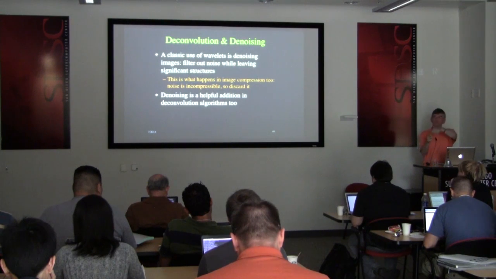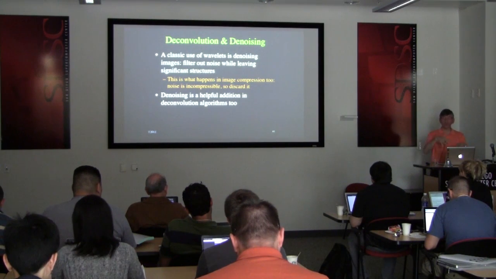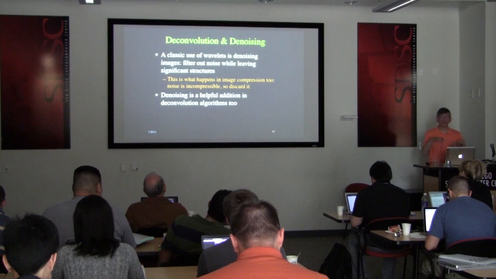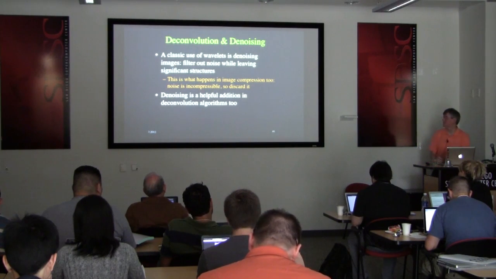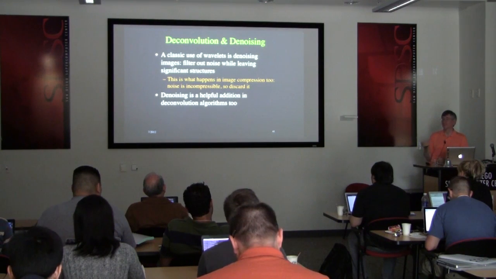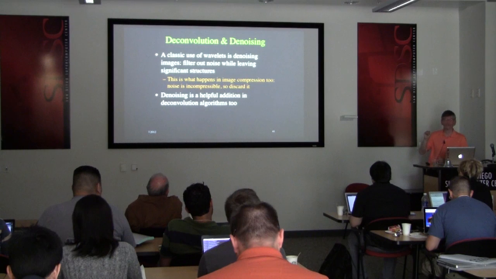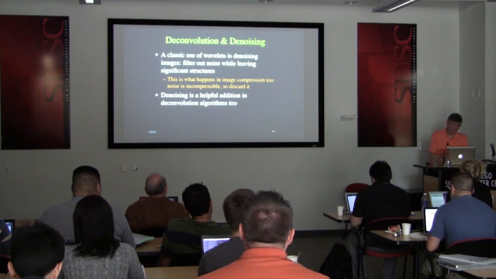The positive ones remain positive but move towards zero. The negative ones remain negative but move towards zero. Then you invert the transform, and what you get back is an image where the noise has been reduced, but the actual structures in the image remain. That's the same thing that really is happening in image compression. You're discarding information by reducing the amplitude of coefficients which are close to zero, basically bringing them down even closer to zero. Denoising is a helpful addition in deconvolution algorithms too.